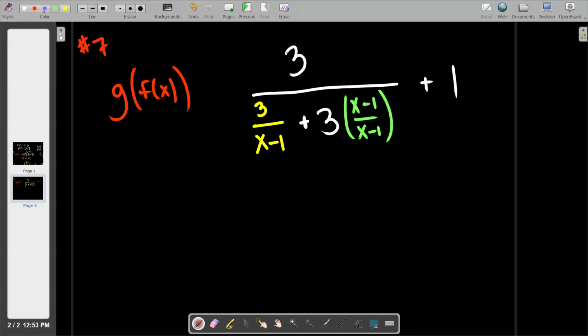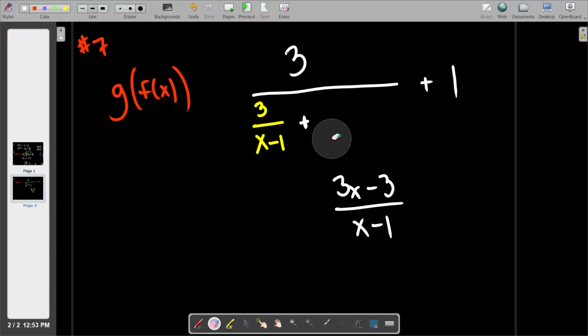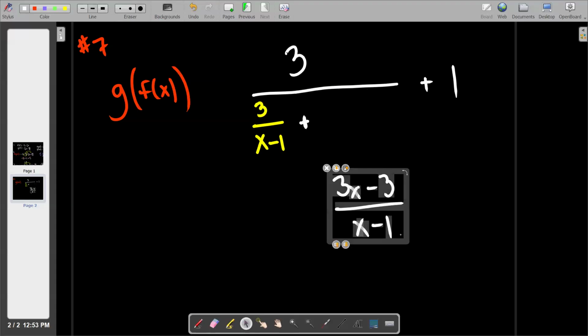So then this math problem right here, the white and green one, becomes 3x minus 3 over x minus 1. So if this comes up again, you guys that are paying attention are going to know what to do, because now I'm going to replace this right here with this.